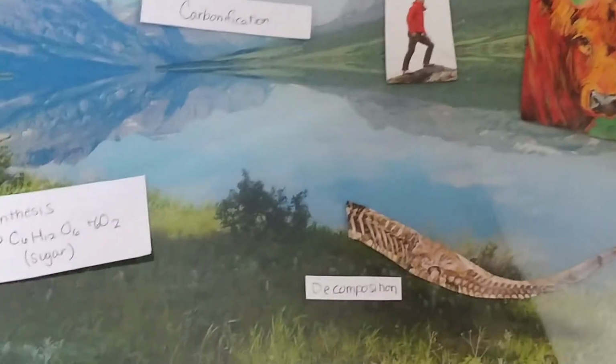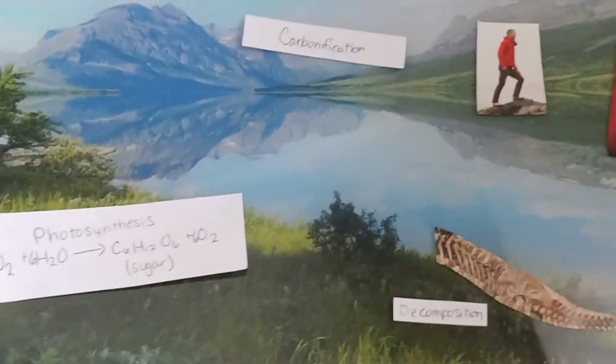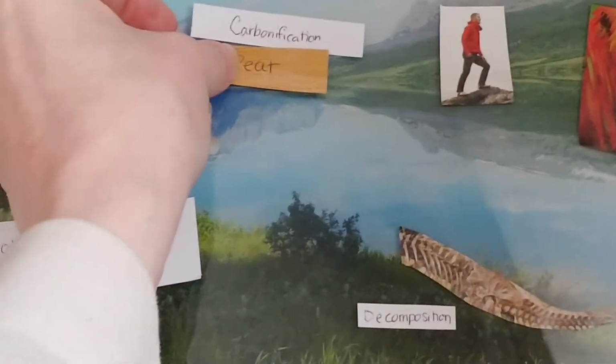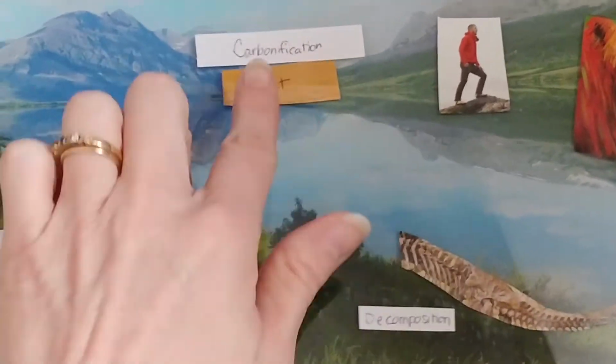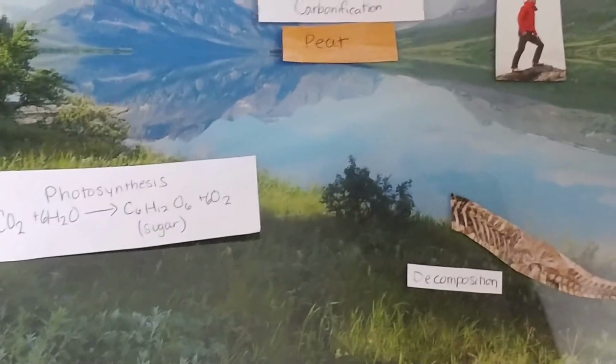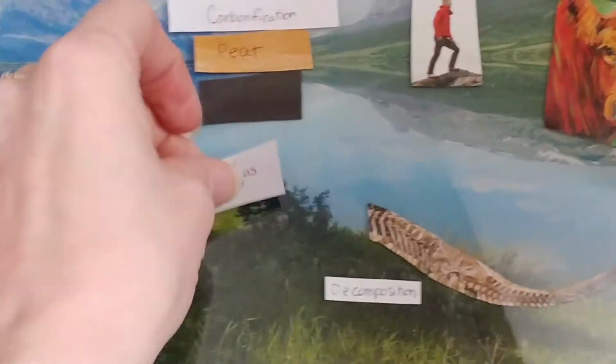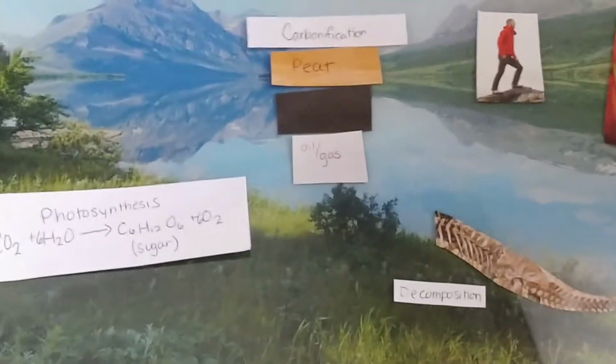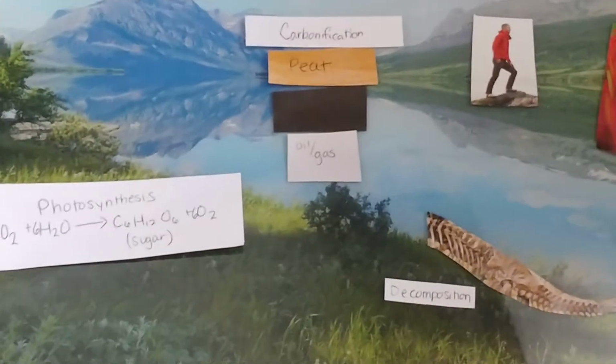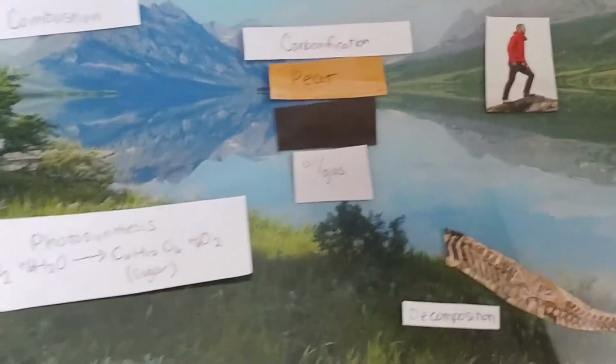Now, carbonification is where we get our fossil fuels. So this is going to be where those bones are going to eventually turn into peat, into coal, and then into oil or gas. Now that is going to fuel combustion.